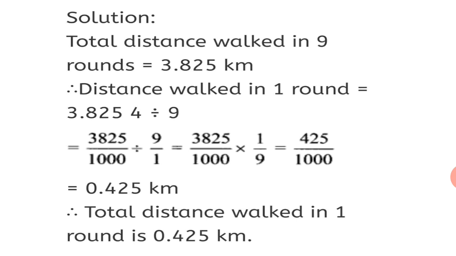It's not supposed to be there. 3.825 divided by 9 is equal to 3825 upon 1000 divided by 9 upon 1, is equal to 3825 upon 1000 into the reciprocal 1 upon 9. Now 3825 is divisible by 9, so divide and you get 425 upon 1000, which is equal to 0.425 kilometers. Therefore, total distance walked in one round is 0.425 kilometers.